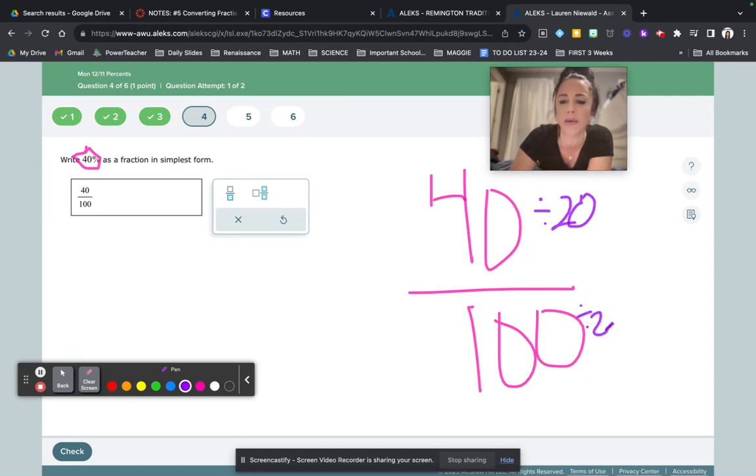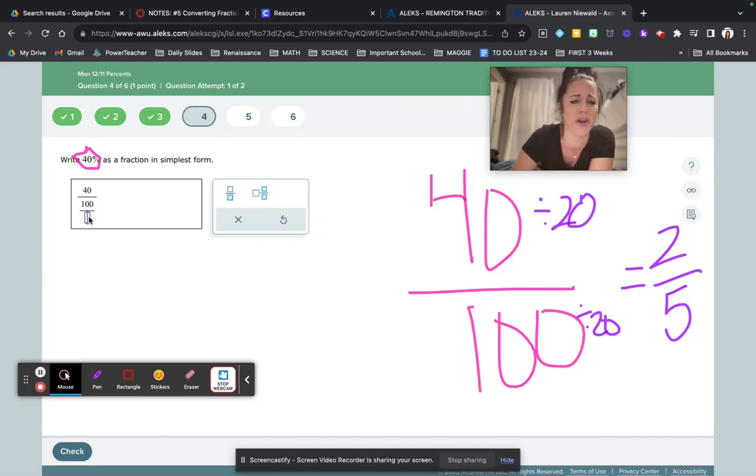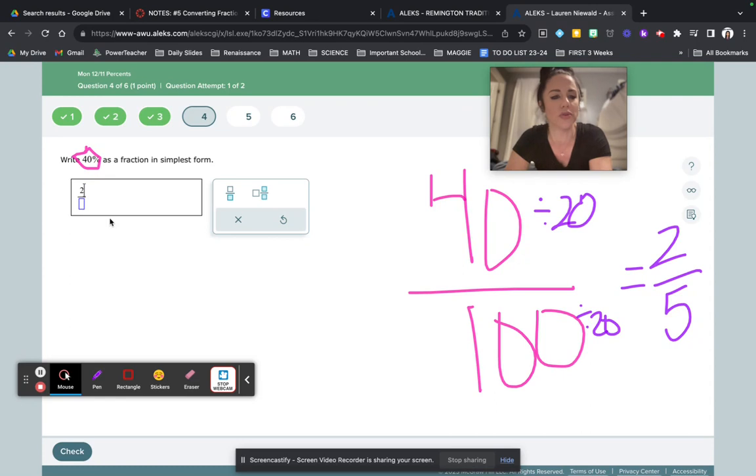So how many 20s are going to fit into 40? 2. 2 times 20 is 40. How many 20s will go into 100? 5. So let's go back in and we're going to do 2/5 instead. 2/5. Cool.